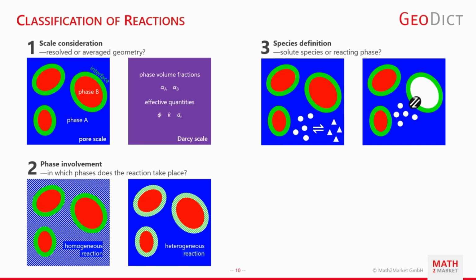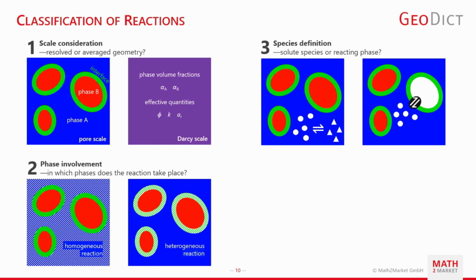The third class is what actually reacts. Usually you have chemical species, solutes that are represented by concentration inside a solvent fluid, here illustrated as discs and triangles. They can react in a pure phase, or sometimes it also happens that the whole phase reacts. Like if you think of mineral dissolution and precipitation processes, that is something where the whole phase, or where the species actually represents the phase.